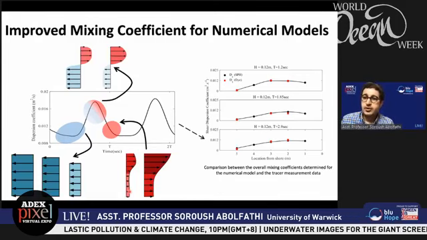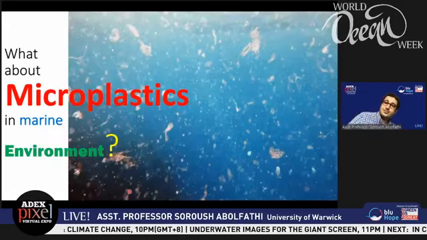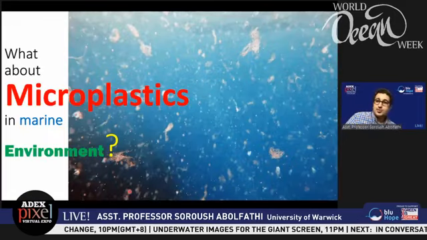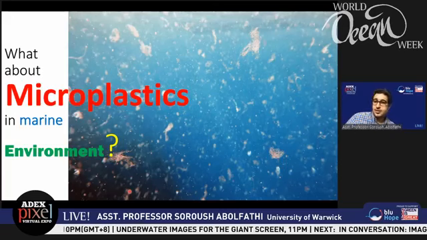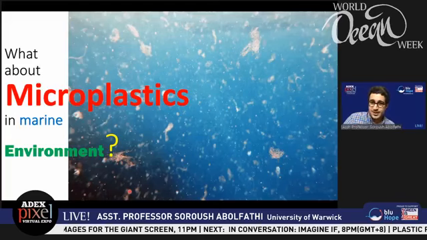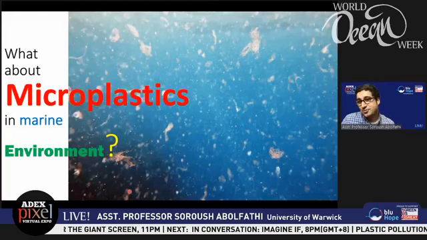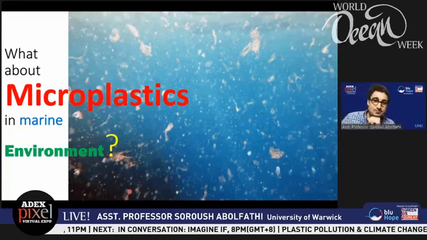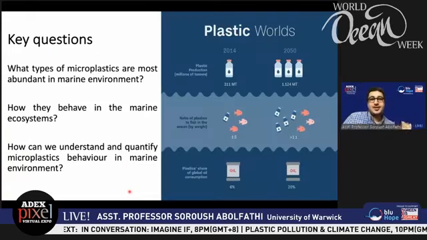We were very happy sitting in our office, and then we came to this problem, the microplastics in the marine environment. And we asked ourselves, can we do something about this? And then again, we said, of course, yes, we can do something about it. So we started very academically.